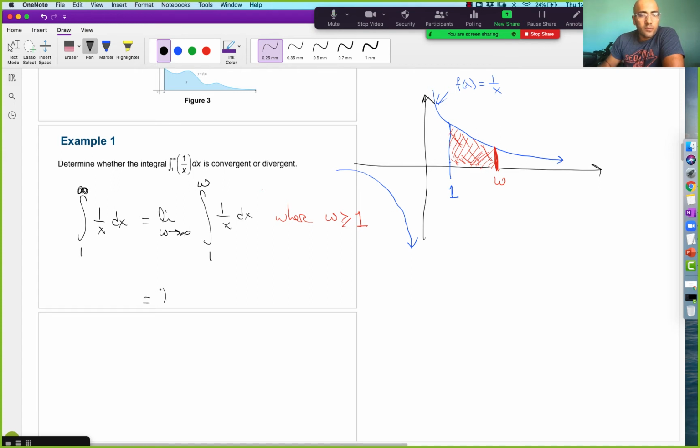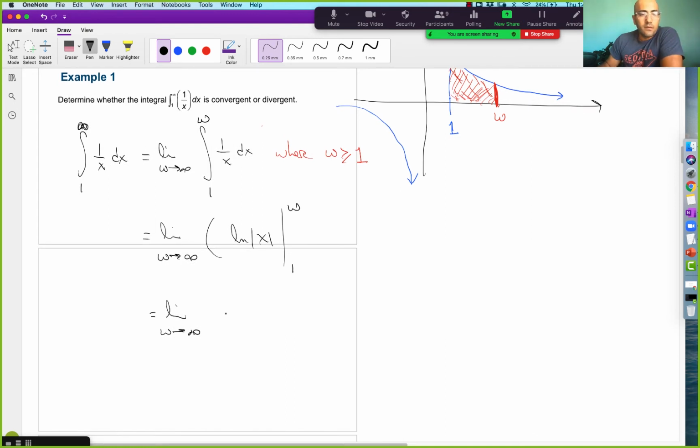This is equal to the limit as w goes to positive infinity of ln of the absolute value of x evaluated from 1 to w, which will be the limit as w goes to infinity of ln of the absolute value of w minus ln of the absolute value of 1. ln of 1 is 0, so we don't have to worry about that. And so we just need to figure out what this is.